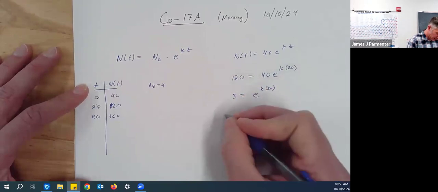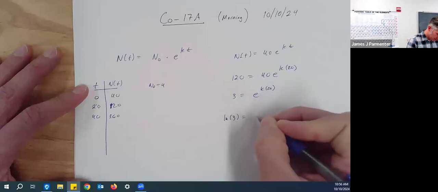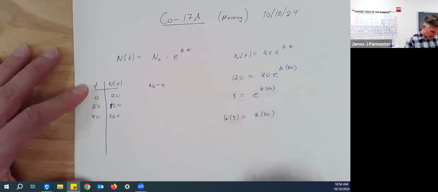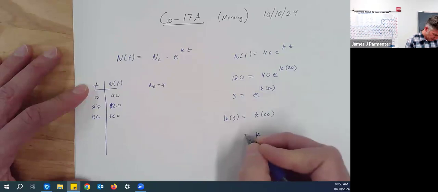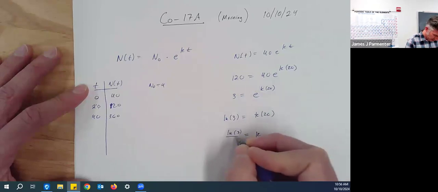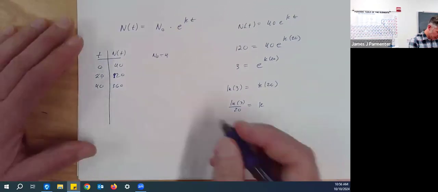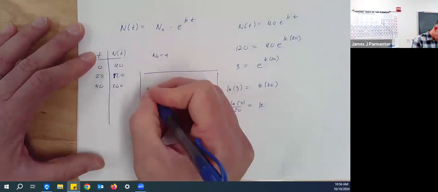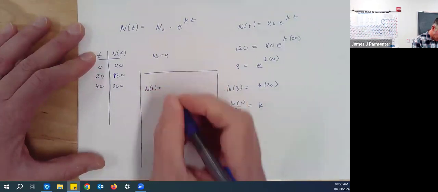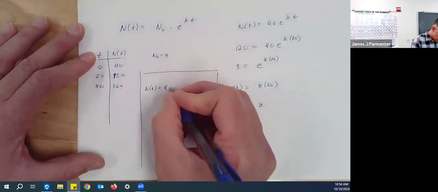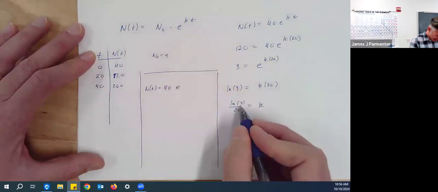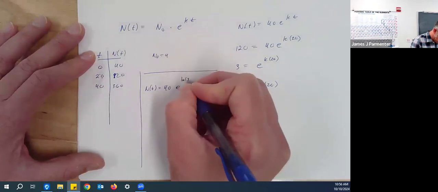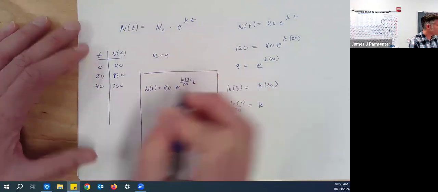We take the natural log of both sides. Natural log of e to the stuff is just the stuff. And then we solve for k. k is equal to the natural log of 3 divided by 20. So then you can write your nice, shiny, brand new model as n of t equal to your n naught, which is 40, times e to the natural log of 3 over 20 times t.